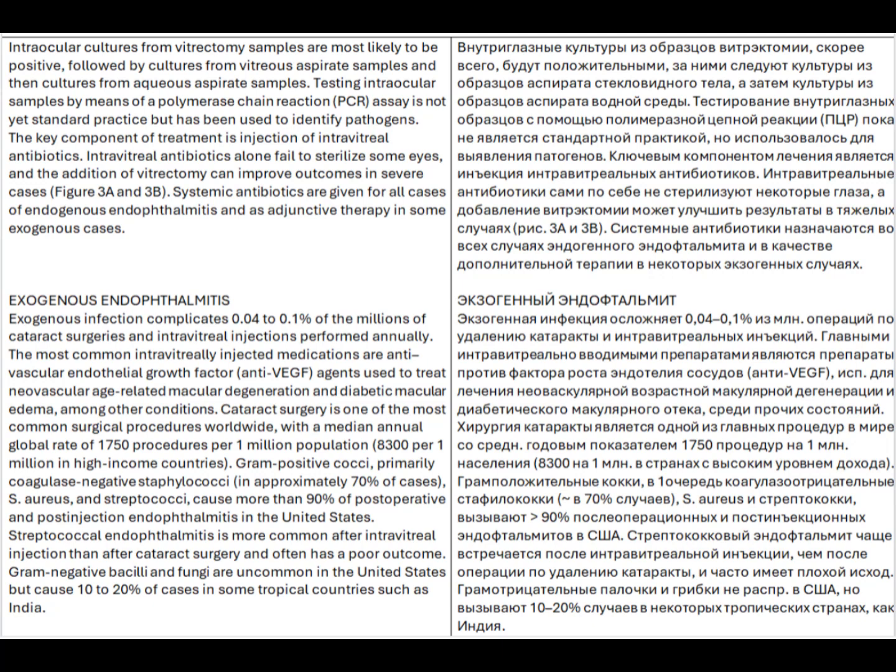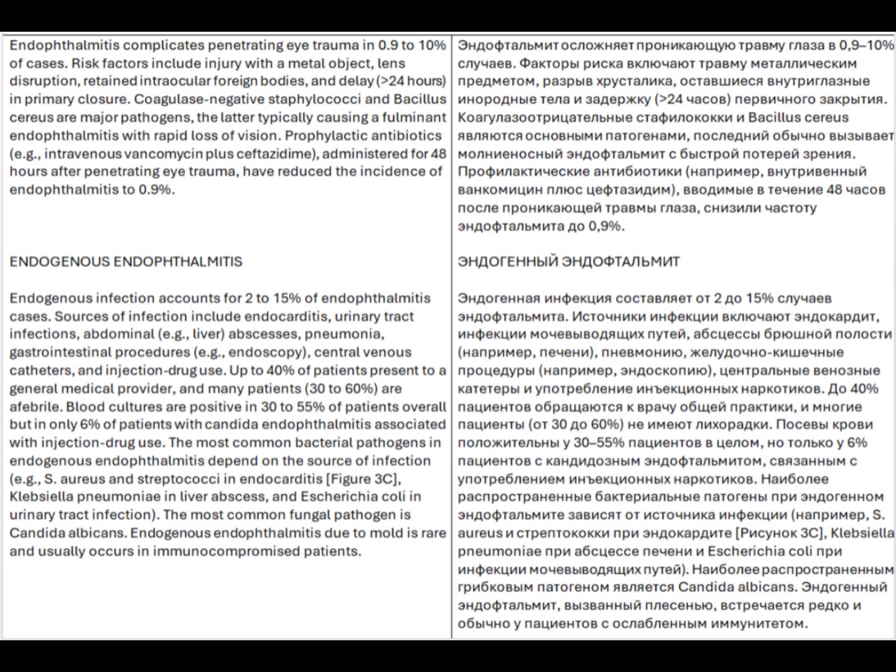Gram-negative bacilli and fungi are uncommon in the United States, but cause 10 to 20% of cases in some tropical countries such as India. Endophthalmitis complicates penetrating eye trauma in 0.9 to 10% of cases. Risk factors include injury with a metal object, lens disruption, retained intraocular foreign bodies, and delay greater than 24 hours in primary closure.